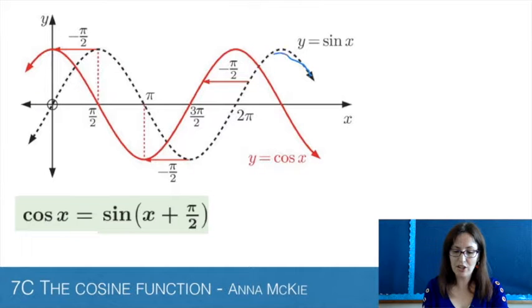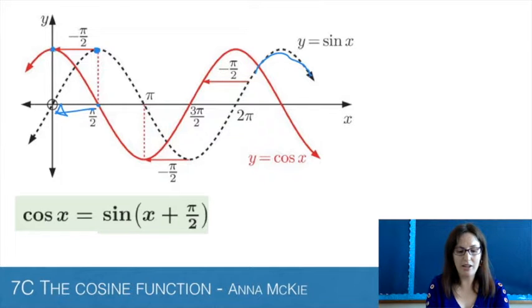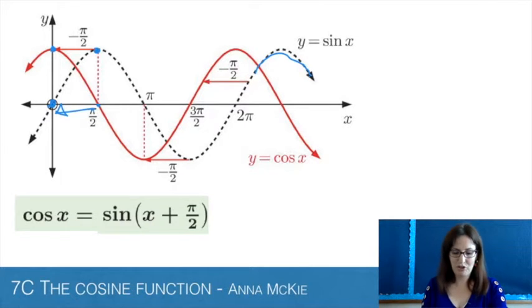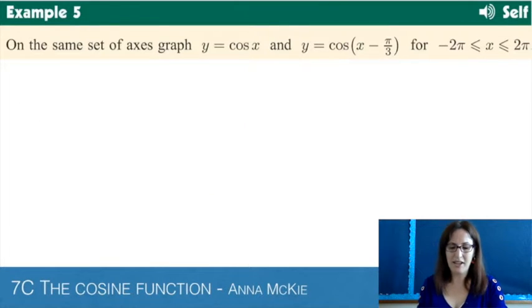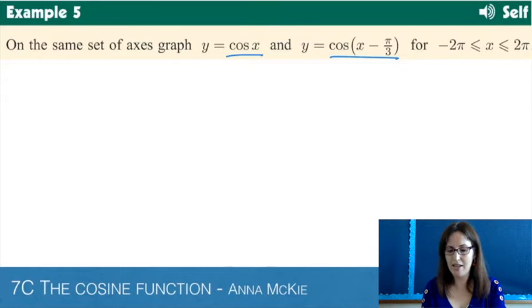So if our dashed line here is sine of x, having a look where its peak is, it has a peak of 1, but that peak happens at pi on 2. If we shift that whole curve by pi on 2, that peak of 1 happens now at 0 radians, and so on and so forth. It's just interesting.